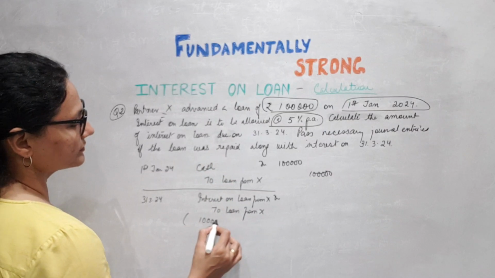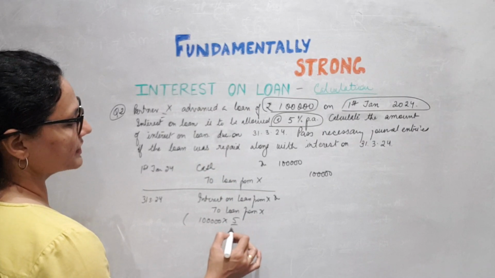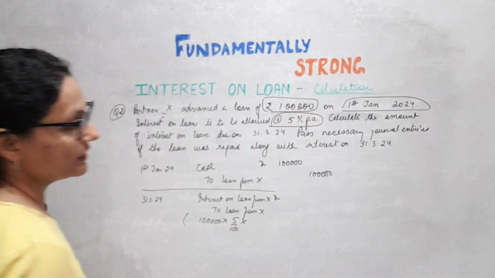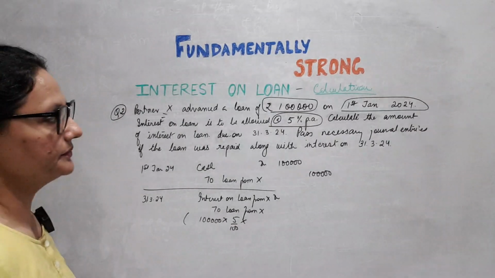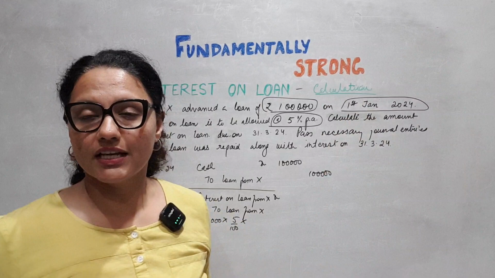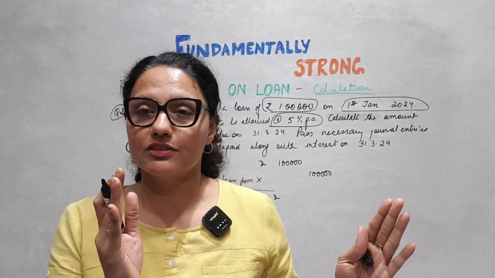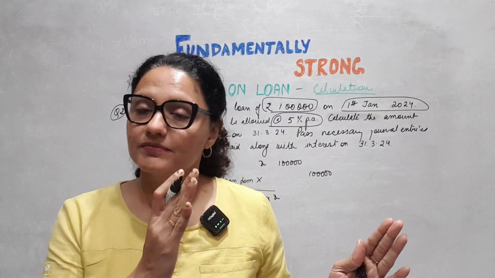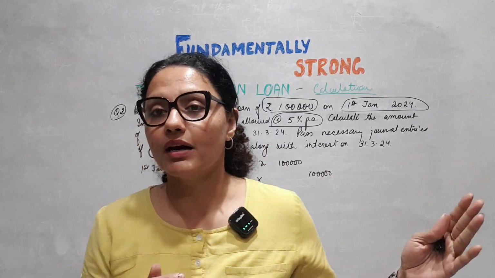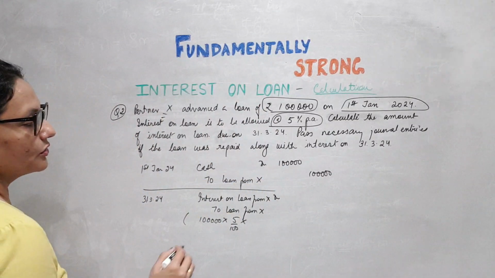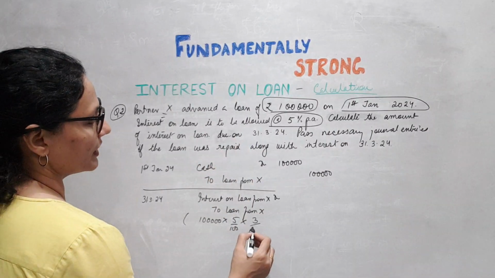Amount is 1 lakh, rate is 5%, time period is how much? The loan is taken on 1st of Jan and from 1st of Jan I need to calculate till 31st March. So whole of January, February and March, 3 months.